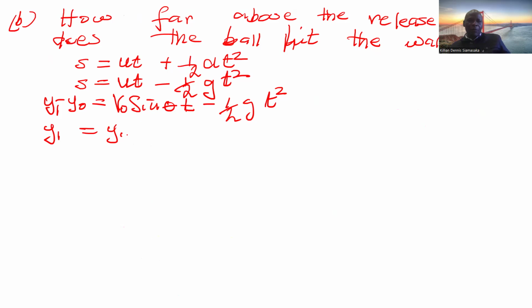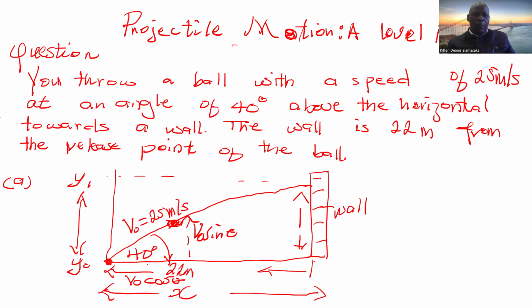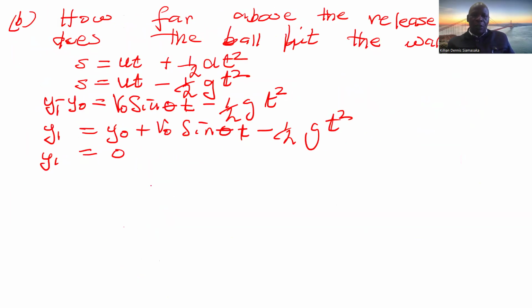This one becomes V0 sin theta times t minus half g t squared. And therefore, we know that this one has moved 0 above the horizontal. It has not moved in, therefore this is 0.